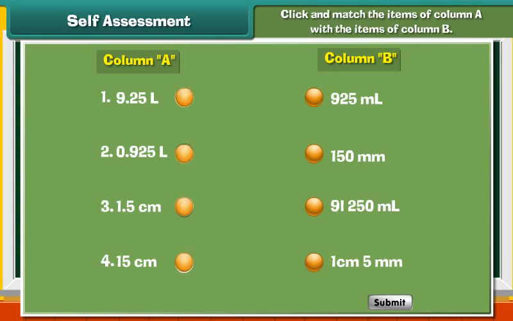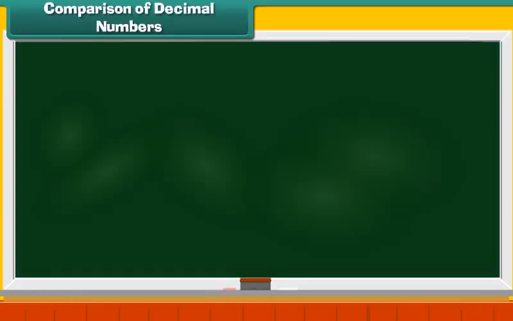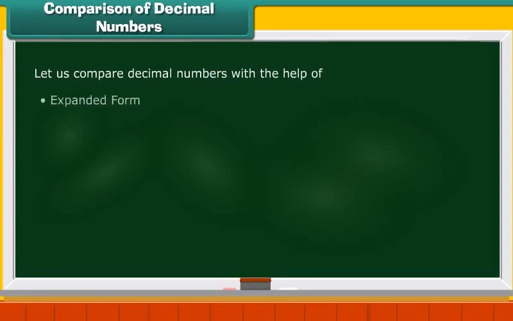Karan bought a pen for rupees 20.50, while Ravi bought a pen for rupees 20.05. Whose pen is more expensive? Cost of Karan's pen is equal to rupees 20.50. That is equal to rupees 20 and 50 paise.